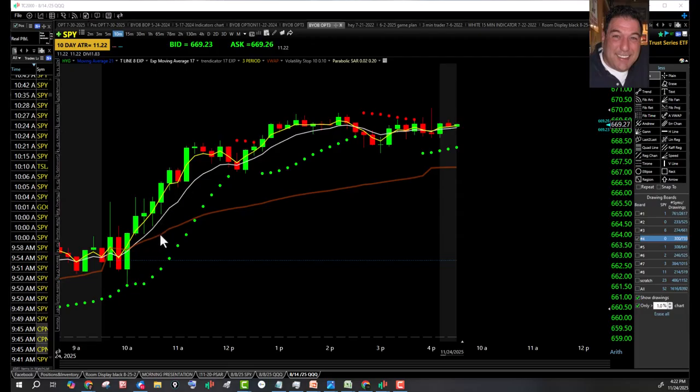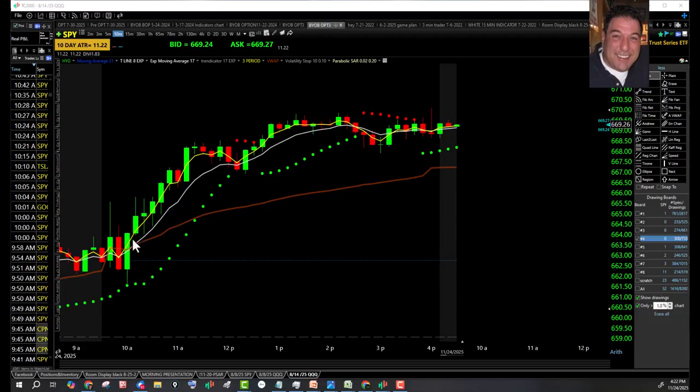Now look at just the 8 EMA and the VWAP line. Here's the VWAP line, that's the brown one. See the separation? See how the mouth of the 8 EMA and the VWAP gets bigger and bigger and bigger until it crosses right up here at 2:30.